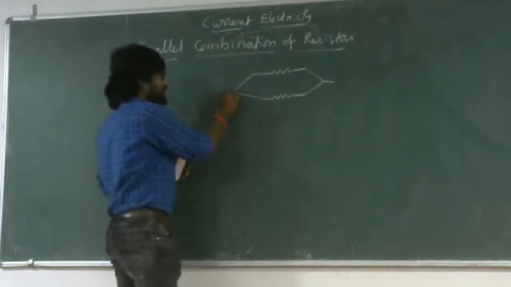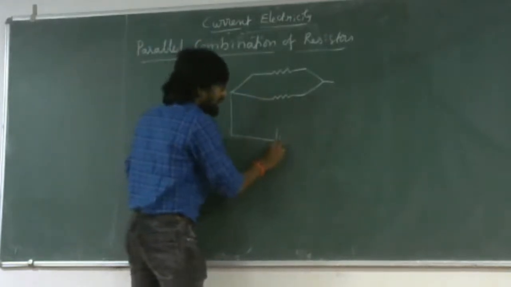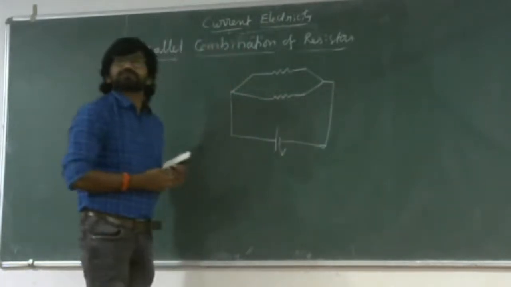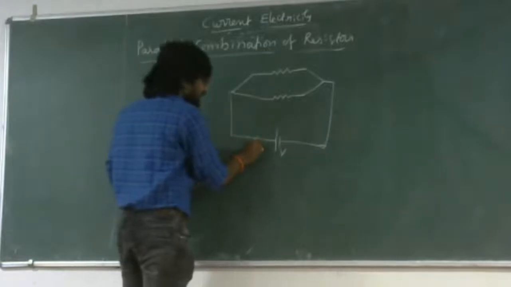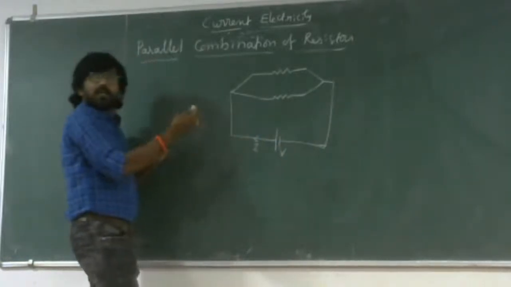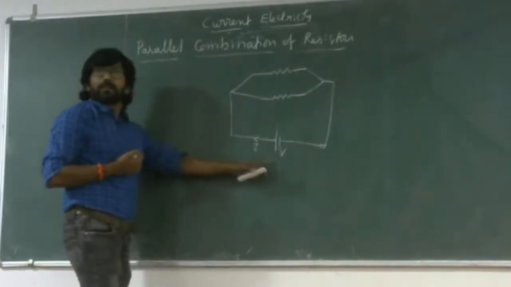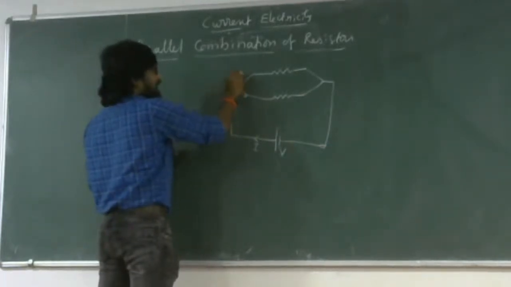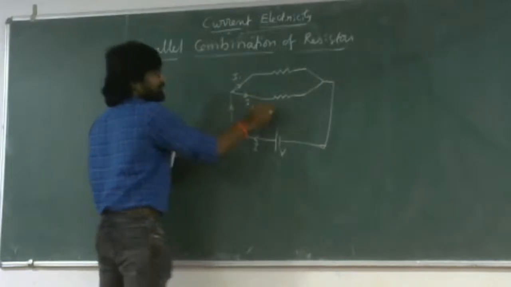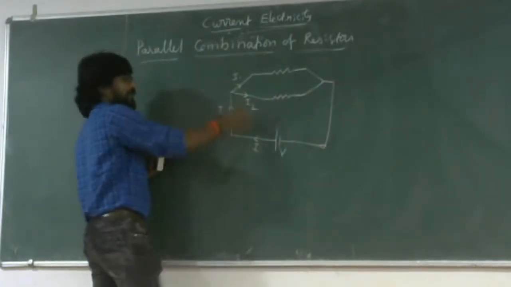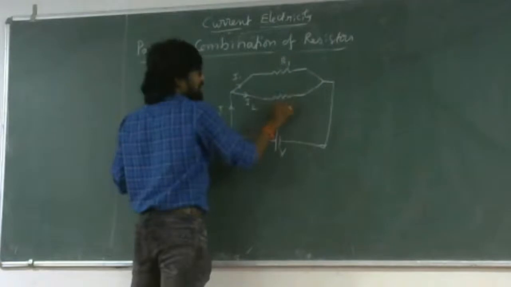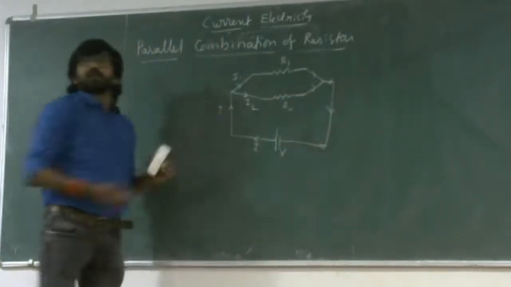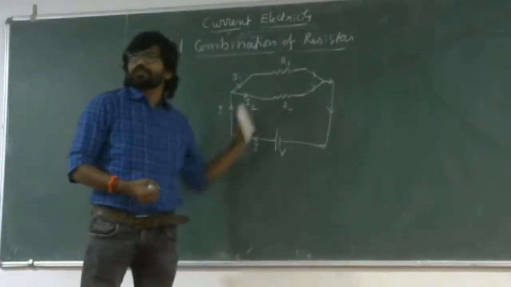That is, if you connect this to a cell or a battery of potential difference V volts, then a current I will be drawn from the cell. This current I divides here as I1 and I2. This is R1, this is R2. Then this current combines together again and completes the closed loop of the circuit.